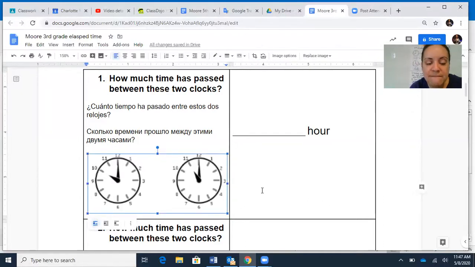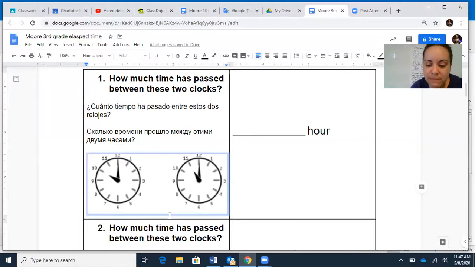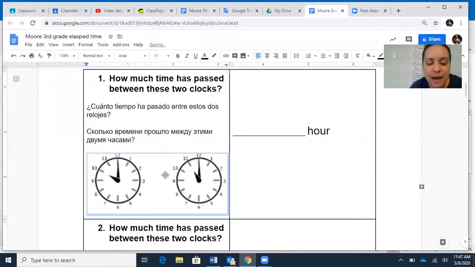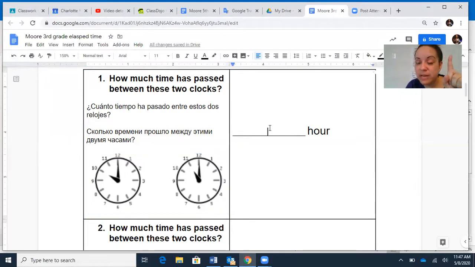So if this one is 10 o'clock and this one is 11 o'clock, how much time has passed? 10, 11, 1 hour. So here you would write 1 hour.